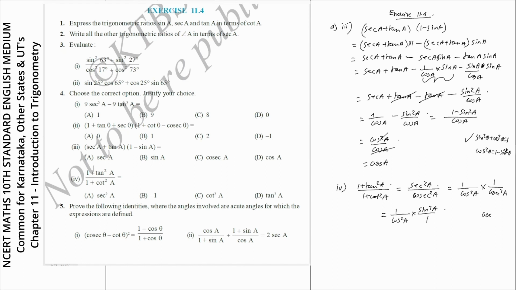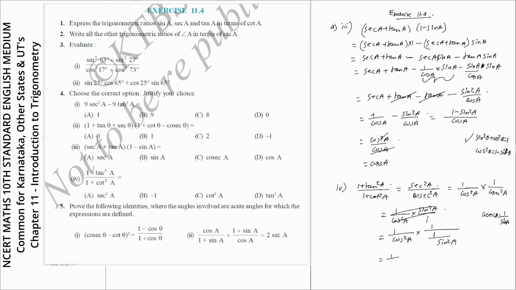See, cosecant A is equal to 1 by sin A. Or I'll give you one more step because you'll get confused. So cos square A into, I'll write cosecant square A as 1 by sin square A.